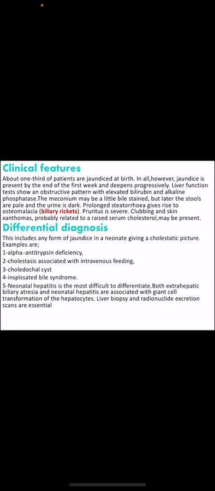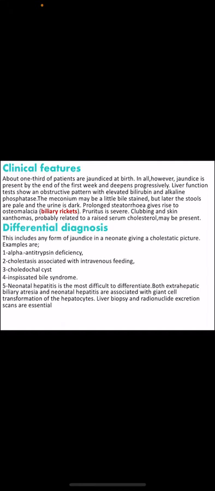The direct type of the total serum bilirubin means an increase in the serum level of the conjugated bilirubin. The conjugated bilirubin is increased, meaning the cause of the jaundice is obstructive type. Also, the alkaline phosphatase increases in the obstructive type of jaundice. Here we have the extrahepatic biliary atresia, in which the alkaline phosphatase will be increased.